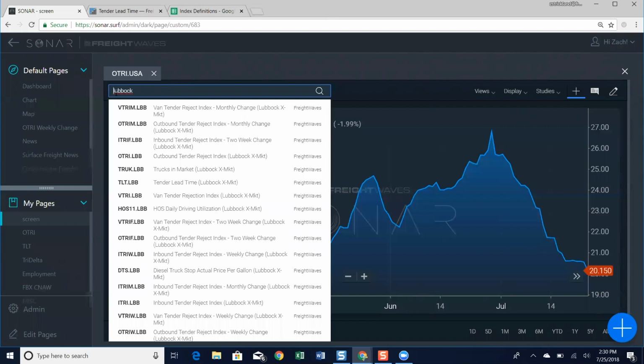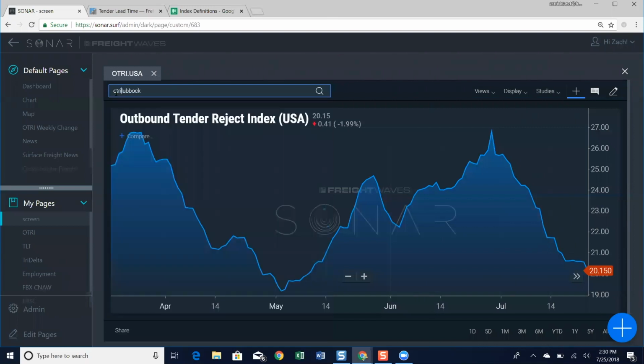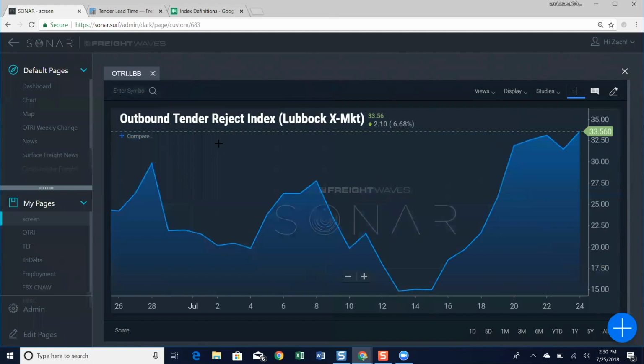I see it down there, OTRI.LBB. I know a lot of people don't know what the Lubbock airport code is, but just type in the word Lubbock and you'll have a list of all the different indices available for the Lubbock market. So I see right here, wow, they went from 15% tender rejection rate to 33%.